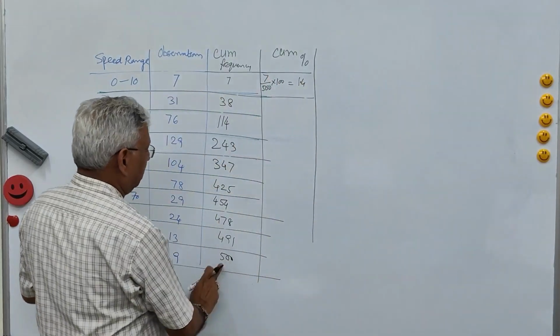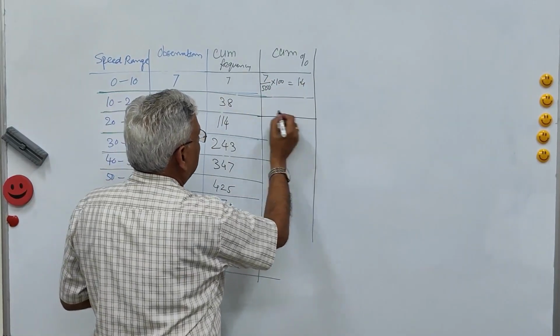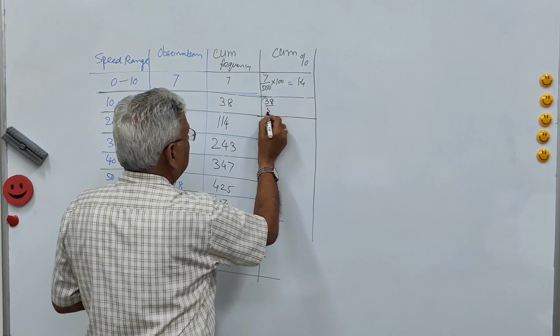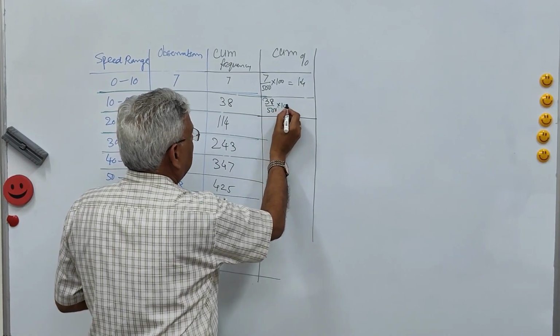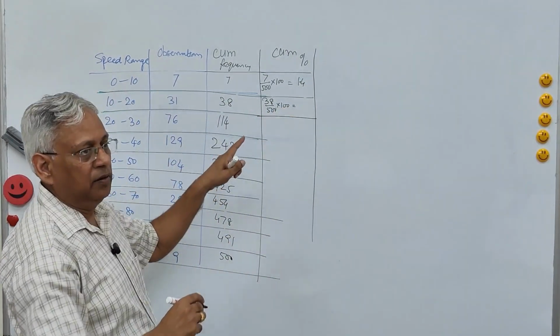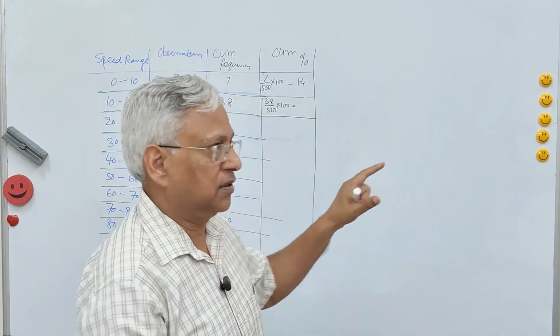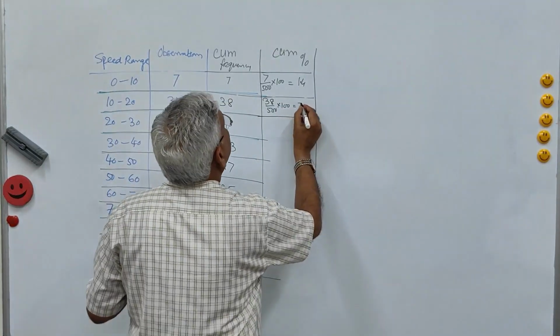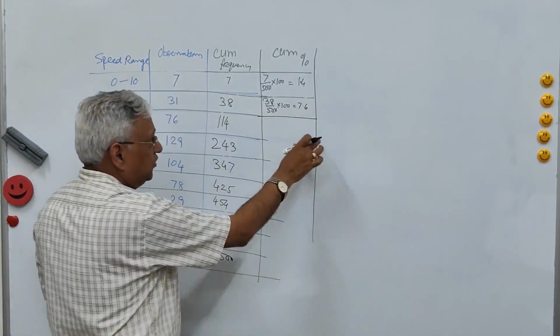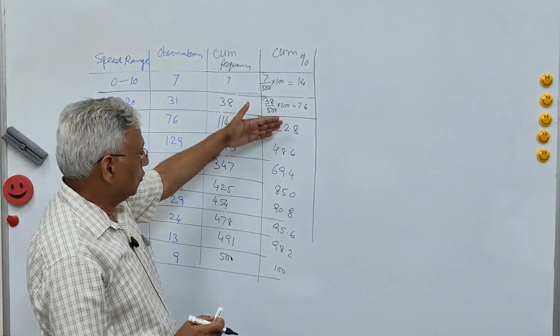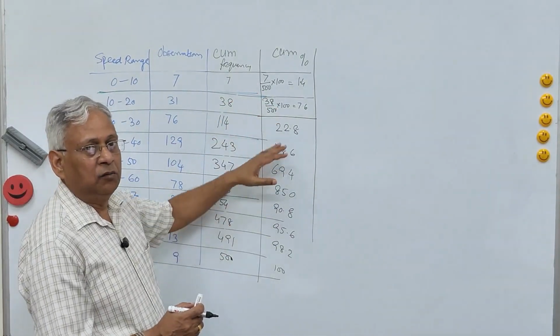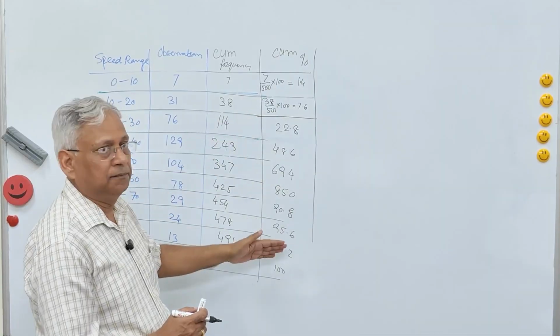Similarly here, 38 by 500 multiplied by 100, and this value will be 7.6%. Similarly, you calculate for each row. So we have calculated now cumulative percentage in this column.